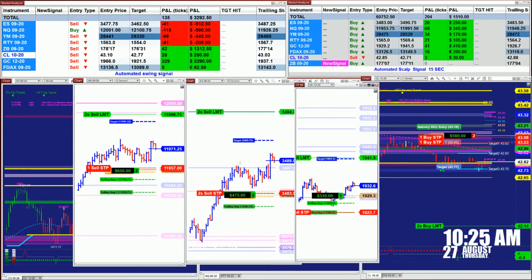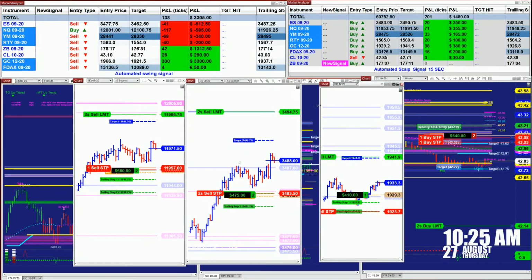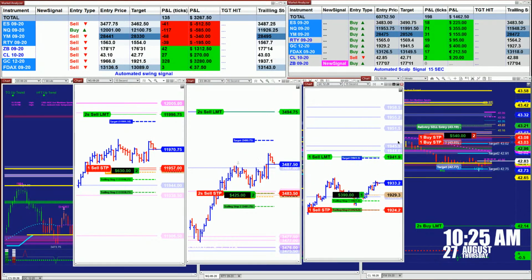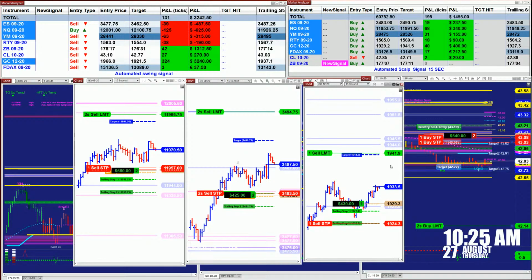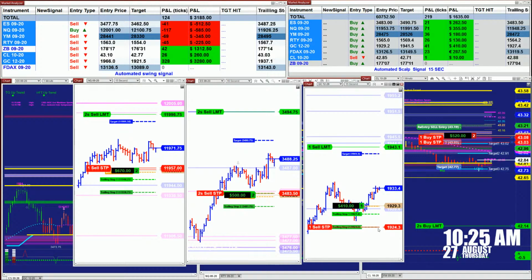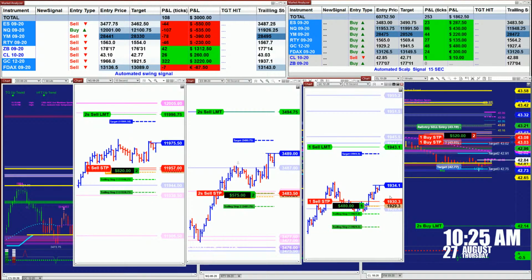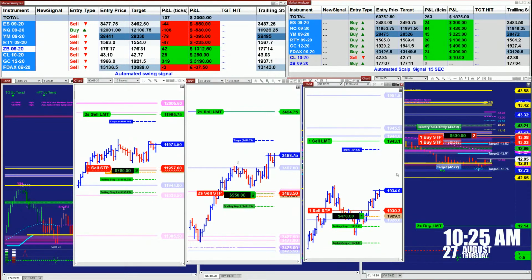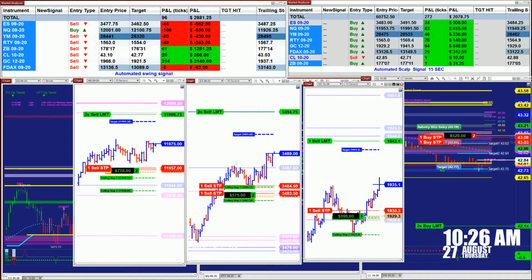That takes us to another. For the gold target, I'm going to leave it as is. There's double resistance. You can take it a little bit to the 43. Break even. Few ticks plus. We are on a free ride.